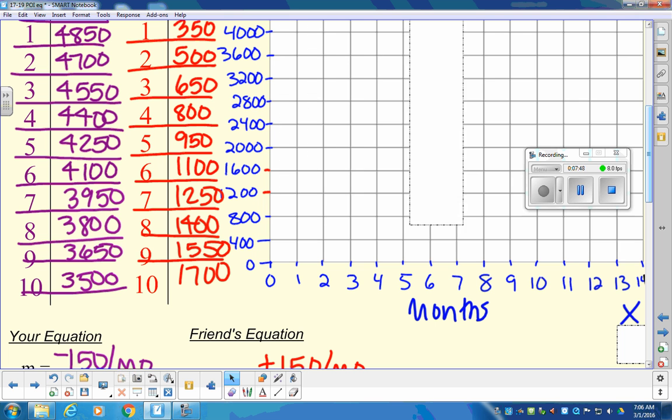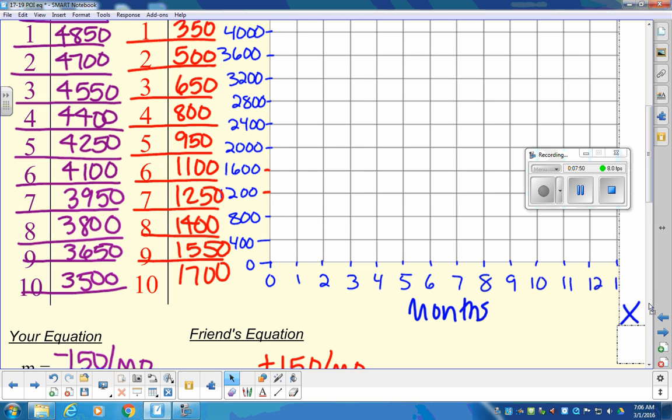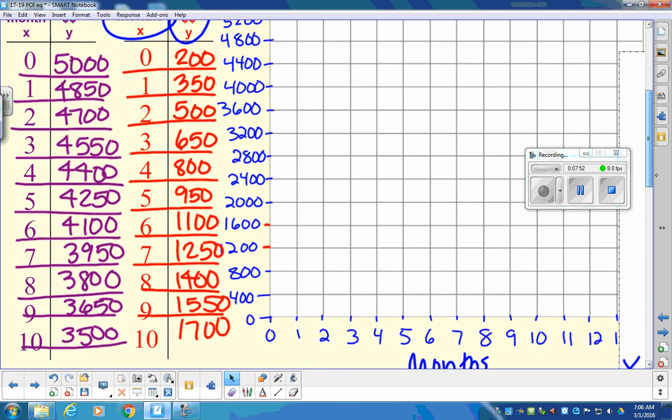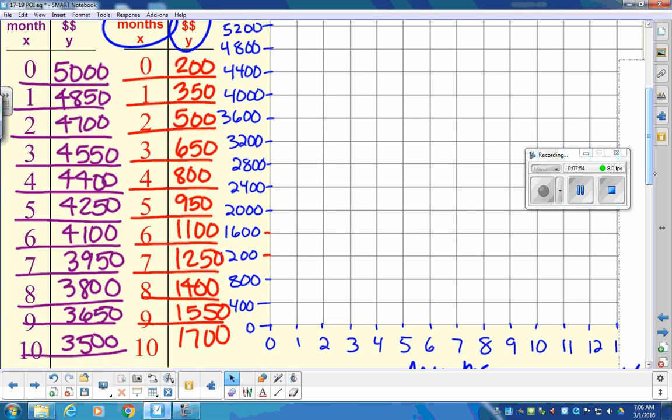So I'm going to go ahead and possibly scale by 400s. So I can fit it, scaling by 400s. So let's go up 400, 800, and so on. 200s would be too small. I guess I could have gone by 500s.